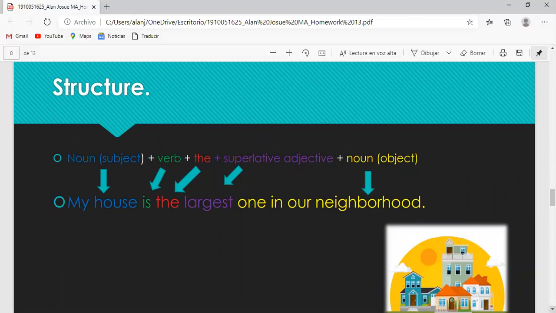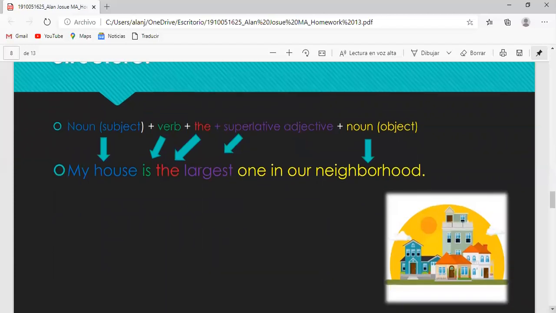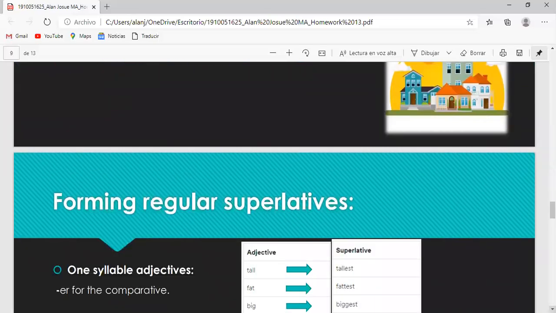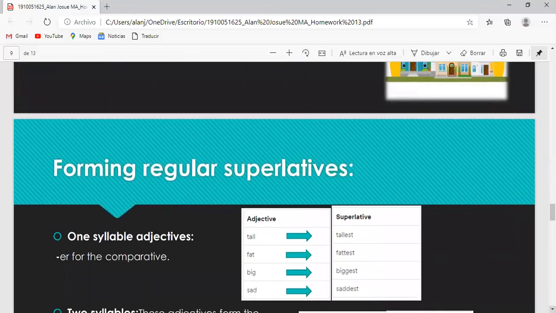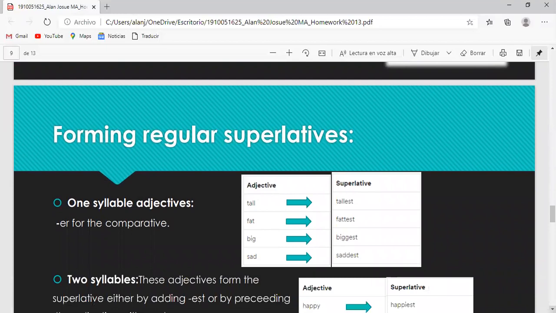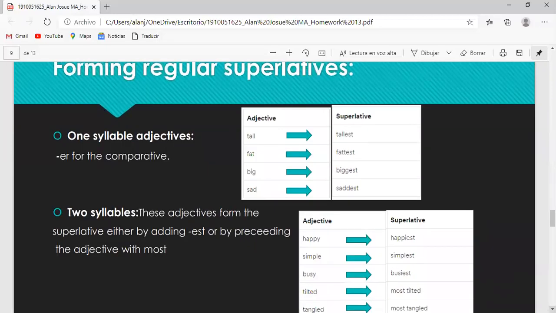Noun subject, verb, the, superlative adjective, and complement. For example, my house is the largest one in the neighborhood. Mi casa es la más grande del vecindario.